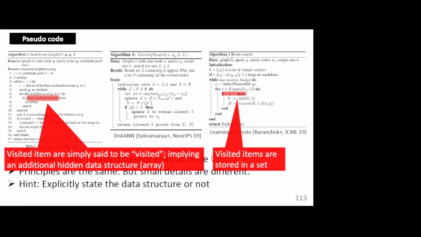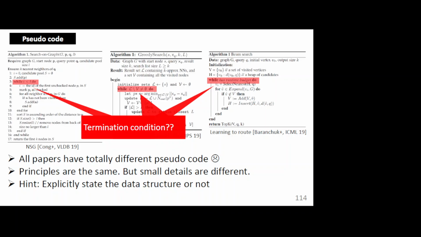And here is where the node is labeled as visited. It's also labeled in this line and in this line. And here are the termination conditions.